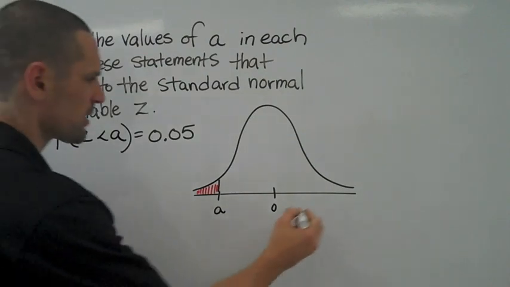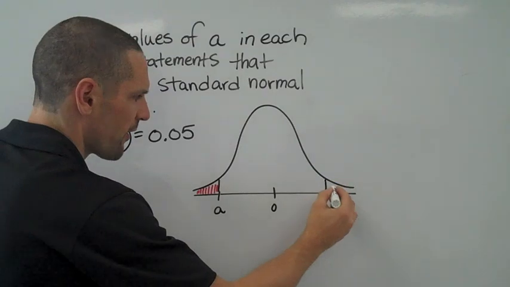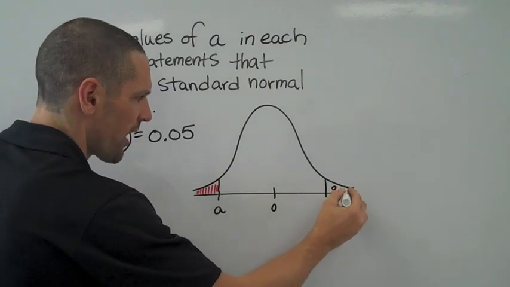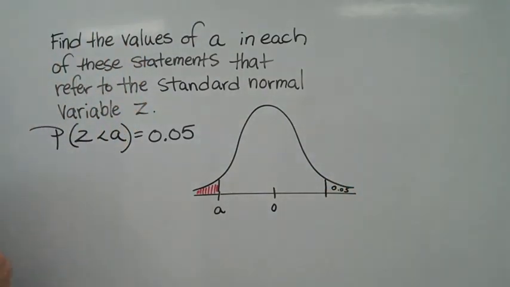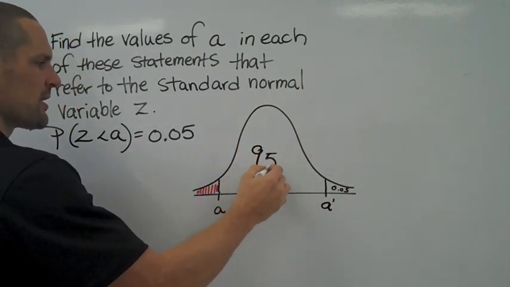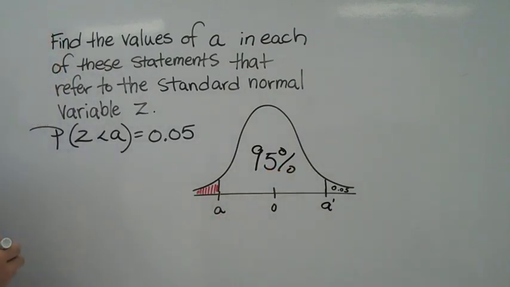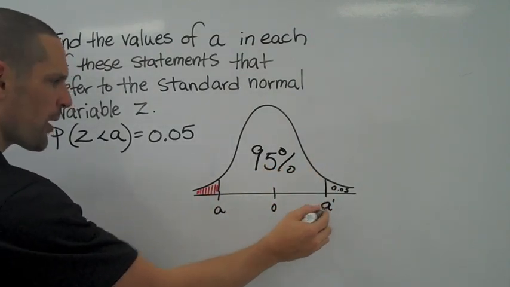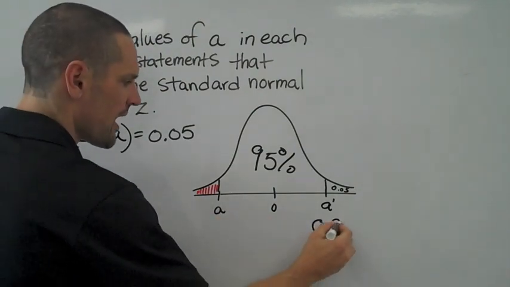So let's use symmetry. Over here, we're going to have 0.05 as well. Well, that would leave us with 95% of our data. If I call this a prime, we have 95% of our data, or 0.95, from here over. So that's what I want to look up on my chart, 0.95.